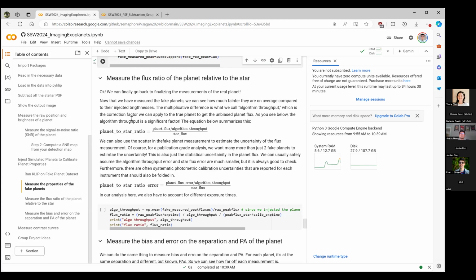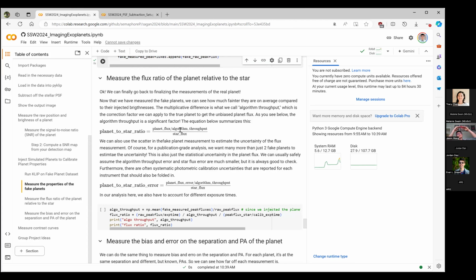And then what we're actually trying to do is measure the real planet's planet to star flux ratio. And we do that by measuring the planet flux, the star's flux, and measuring this term called algorithm throughput. That's the term for, if we injected the planet at this brightness and we measured it after PSF subtraction to be this brightness, this drop in brightness, what is that throughput factor? It's a value between 0 and 1.